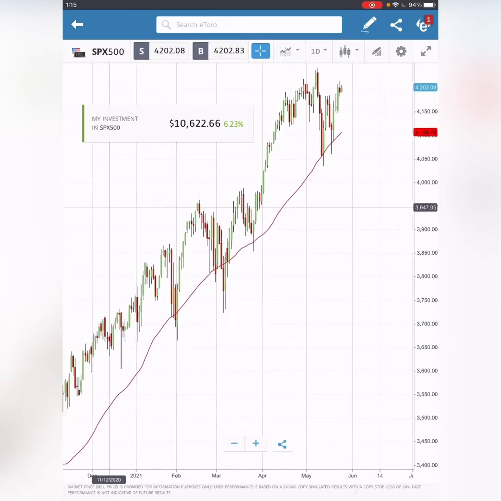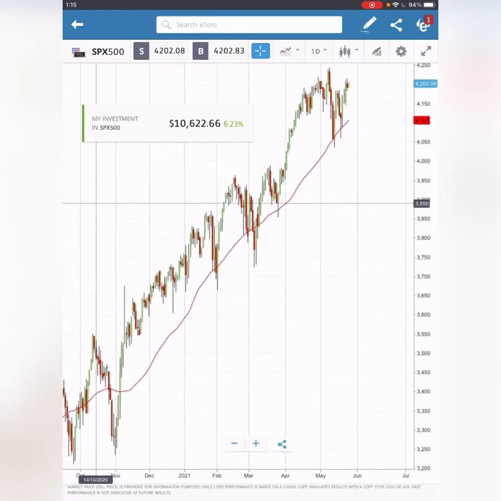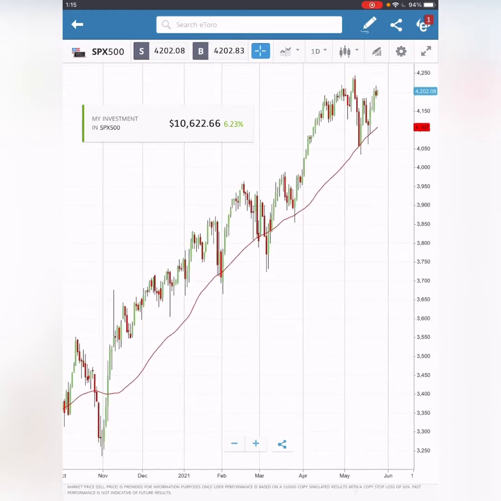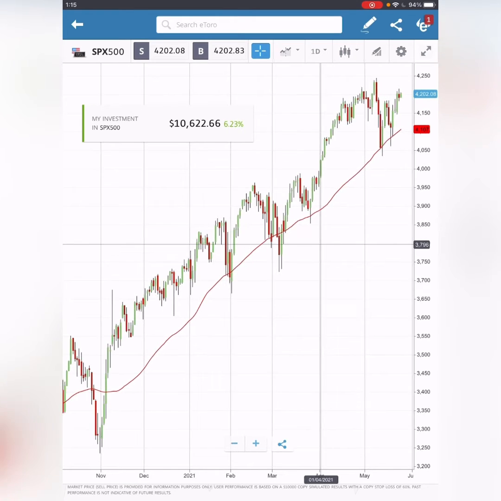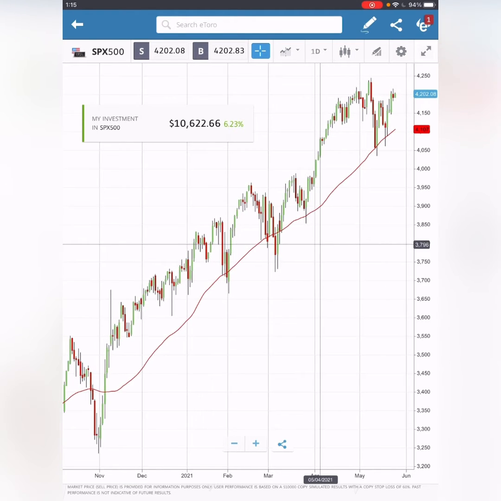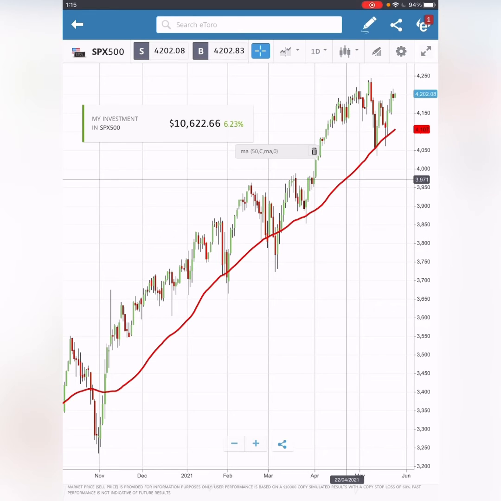Let's try to get a bird's eye view here. I'm just going to scroll back. As you can see, with a 50 moving average, whenever you plot a moving average, it can be used as a level of support during market uptrends and a level of resistance during market downtrends. I won't explain that in as much detail.